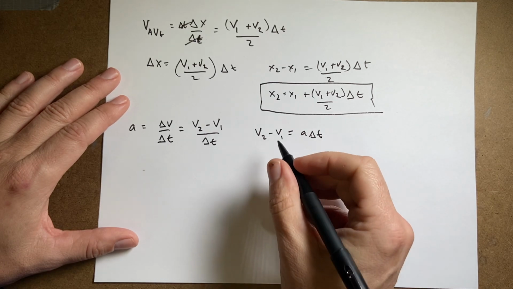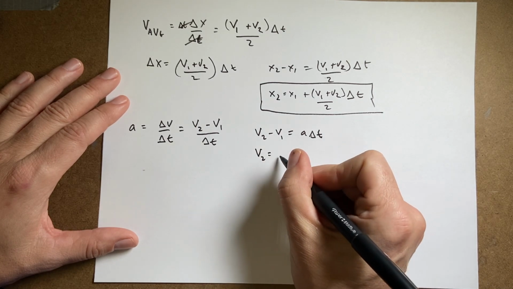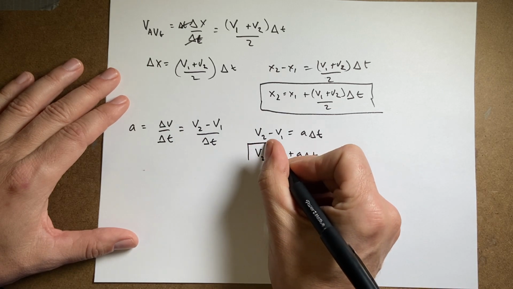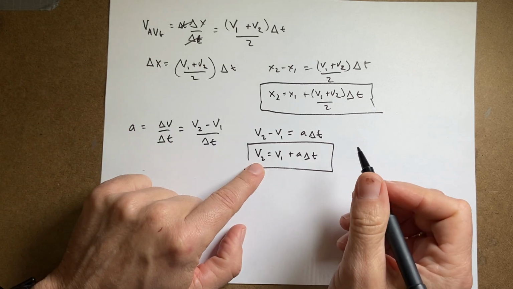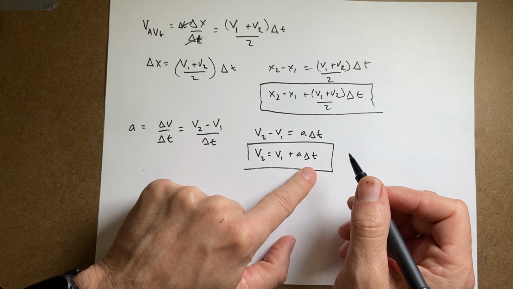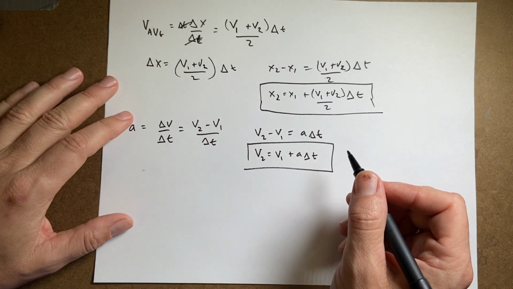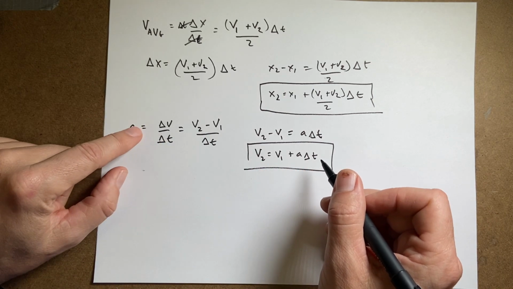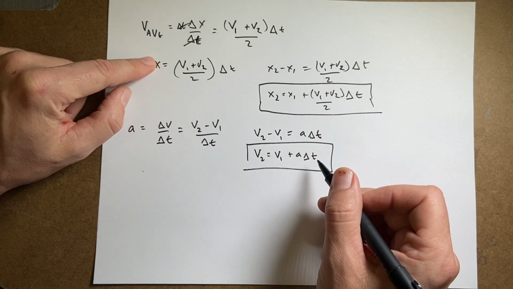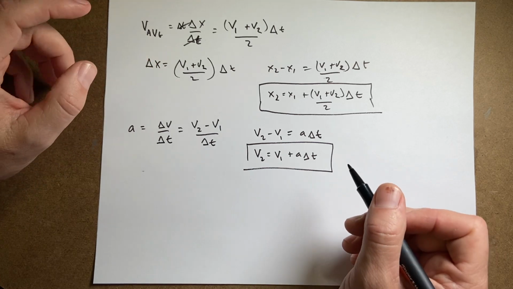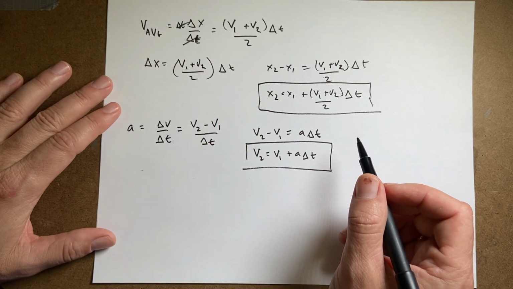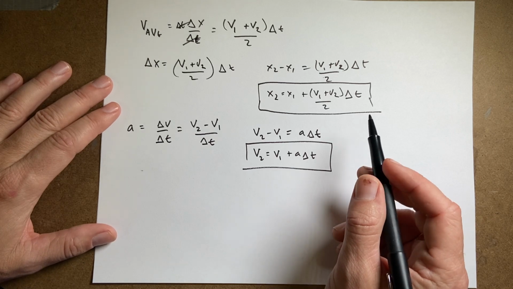Now I can add v1 to both sides. v2 equals v1 plus a delta t. This tells you the final velocity for an object if you know the acceleration and you know the time and the initial velocity. Okay, all I did was just rewrite the definition of acceleration. Up here I actually used two definitions of average velocity to get that. So these are the two easiest kinematic equations, but let's go ahead and do the other one.